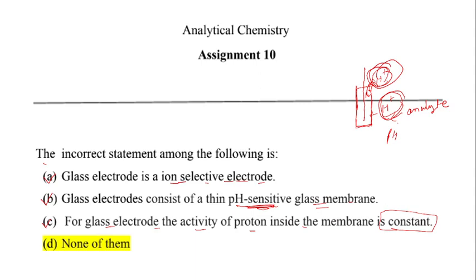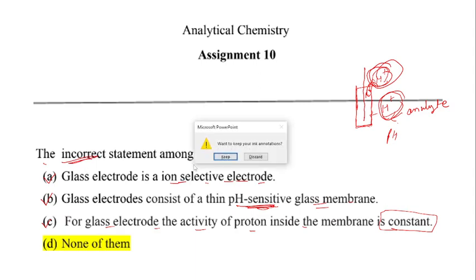And what is the work of this electrode? It just compares the concentration of the analyte. So this statement is also right. So all statements are correct, and none of them is an incorrect statement. So obviously D is the right answer.